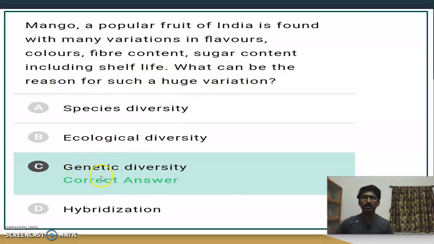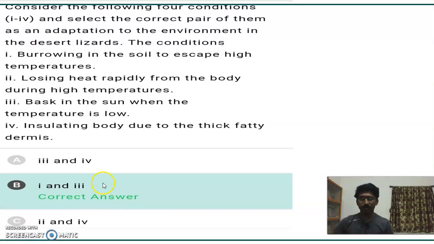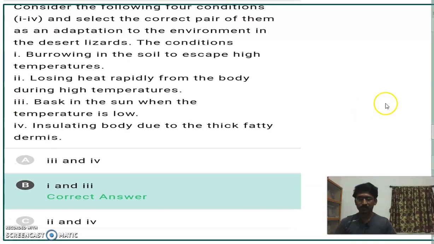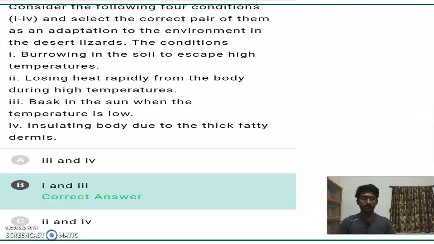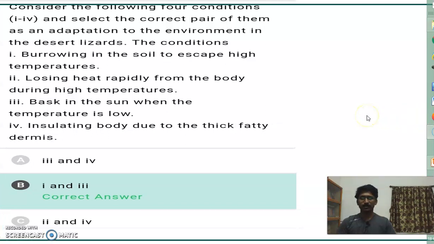It is due to genetic variation in the different varieties. Now the next question: consider the following four conditions.